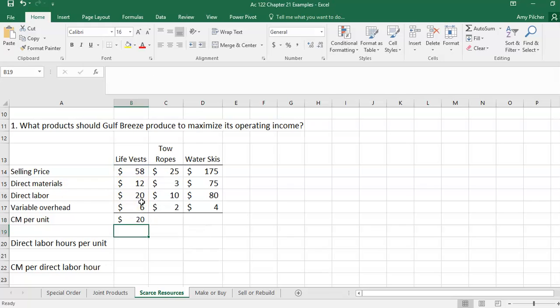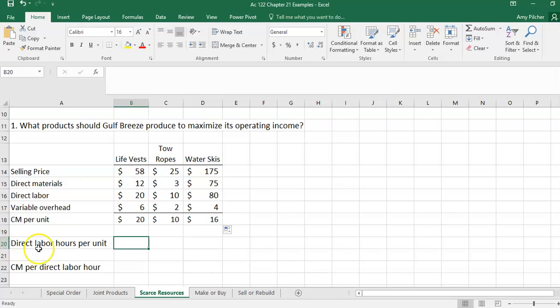Our variable costs are direct materials, direct labor, and the variable overhead. Again, in short-term special decisions, we do not consider fixed costs because fixed costs are unavoidable and we cannot get rid of them. We have to pay them regardless of what decision we make.